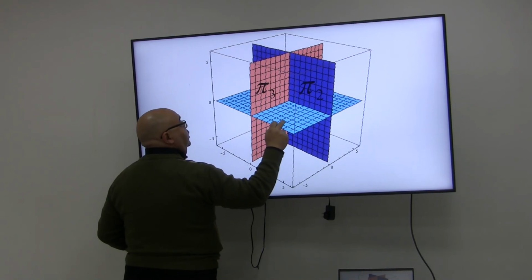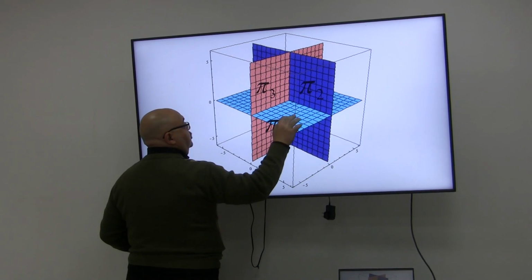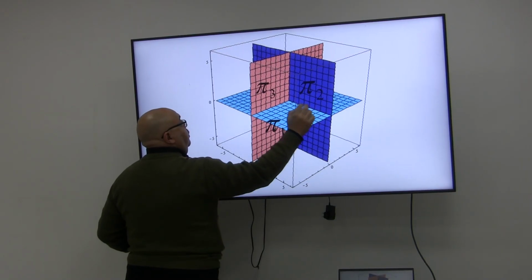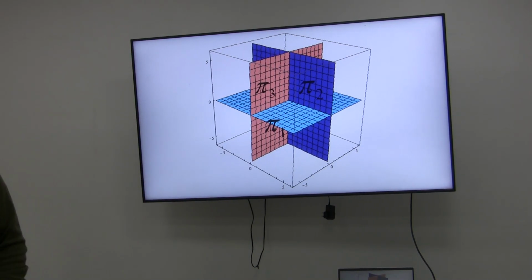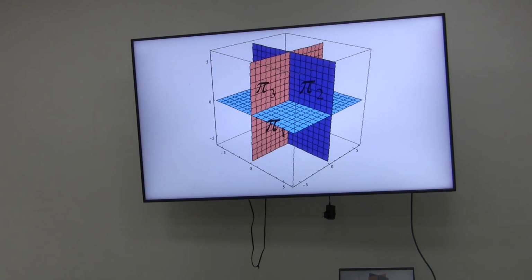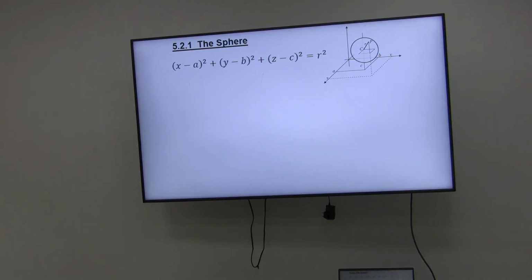Usually people will call the xy plane pi 1, the y and z plane pi 2, and the x and z plane pi 3. This is how the 3 planes are named in most of the books, not in Lisbon, but in general.